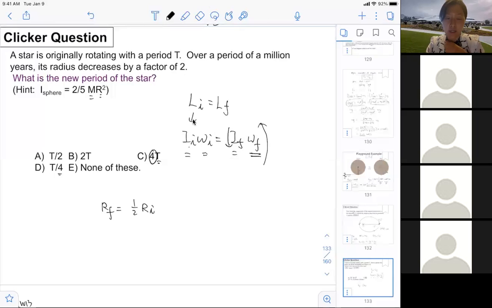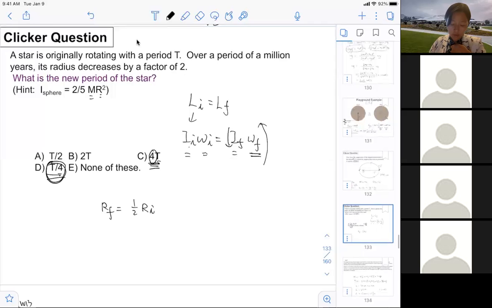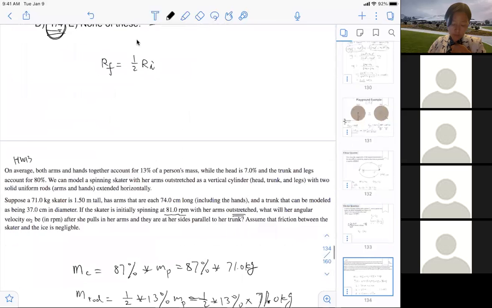So we know we should get less time than before, a quarter of the period, but it's not 4 times. When you're setting up the equation, you might just flip the numerator and denominator. But if you do qualitative reasoning before or after you get the answer, you can double check whether you got it correct. So it's T over 4, which is a quarter of what you had before.